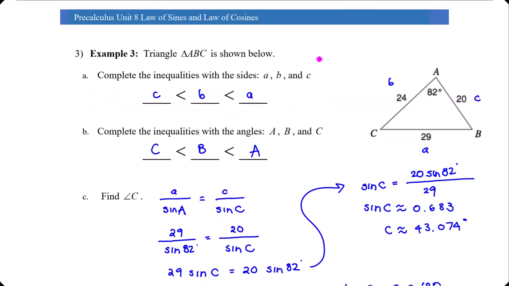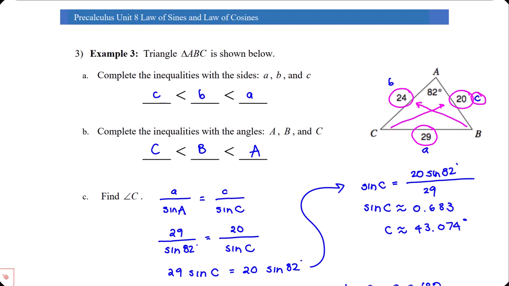Here's the idea. If we look at this picture, we can see that side A is the biggest, side B is the next biggest, and side C is the smallest. Again, these sides have to be opposite their angles.